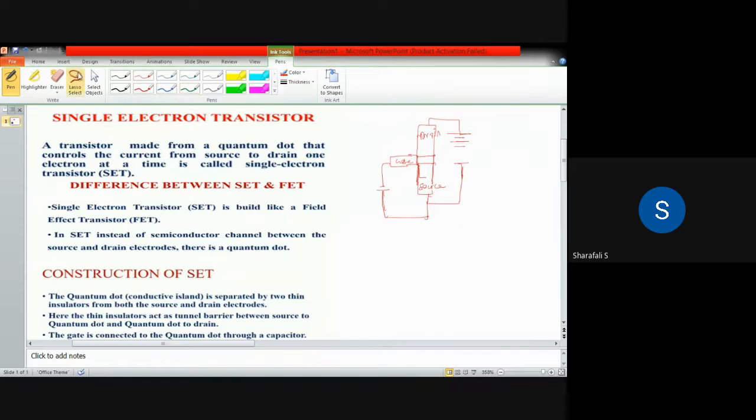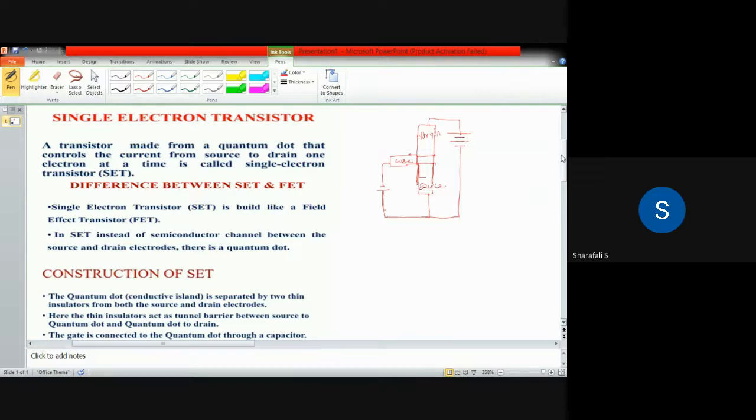So this is the diagram of a field effect transistor. Here we have three different parts for this field effect transistor. But in the case of a single electron transistor, it is almost the same.